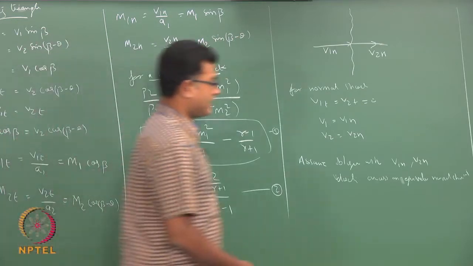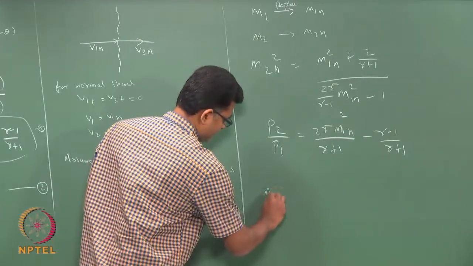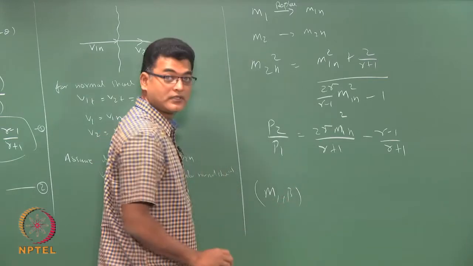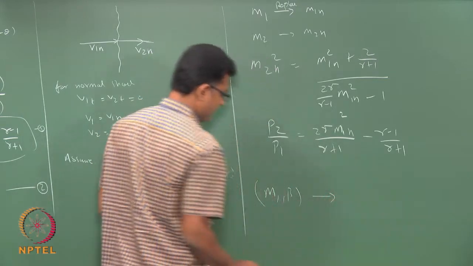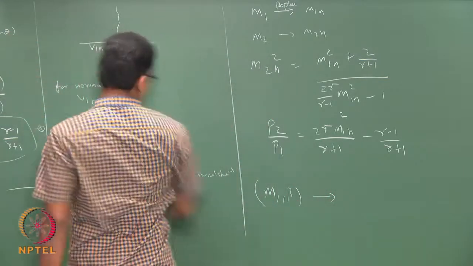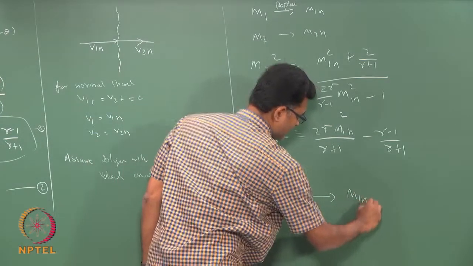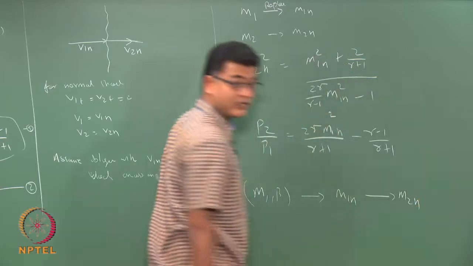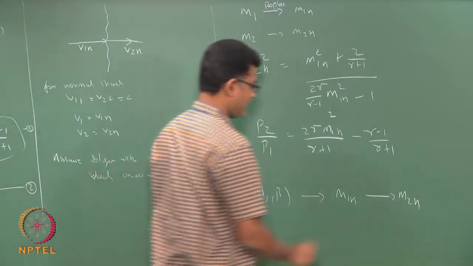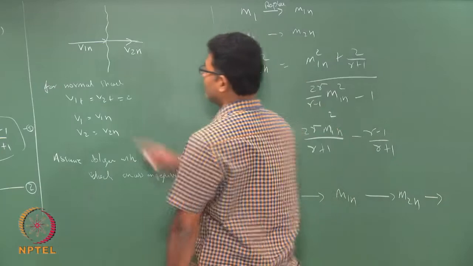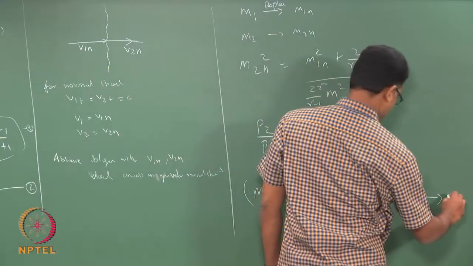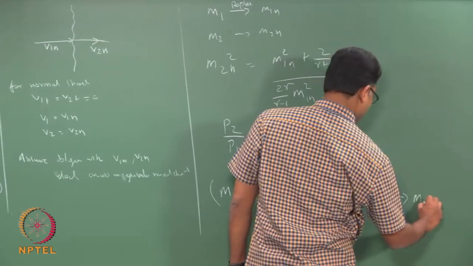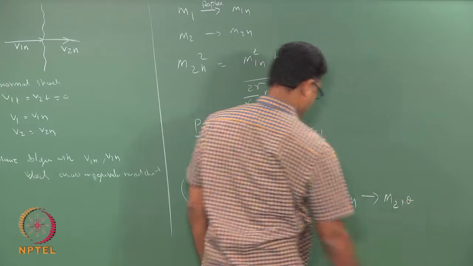So, the idea is, if I have M1 and beta, I can compute my M1n. If I know my M1n, I can get my M2n from the shock relation. If I know M2n, I can find my M2 and theta.